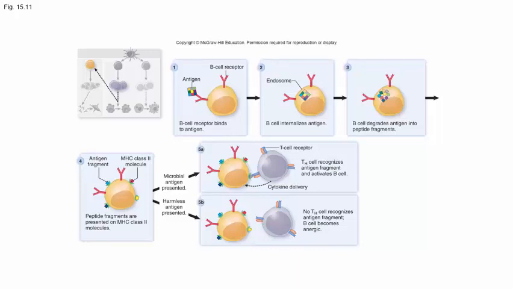Now remember, when I said naive, it means that they have not been exposed and primed yet by exposure to antigens. Once the B cells have presented the antigen, the T helper cells will also bind to the antigen and activate the B cell by release of a cytokine.